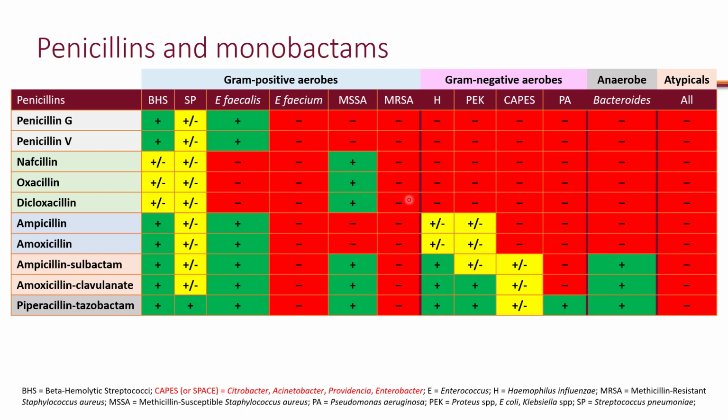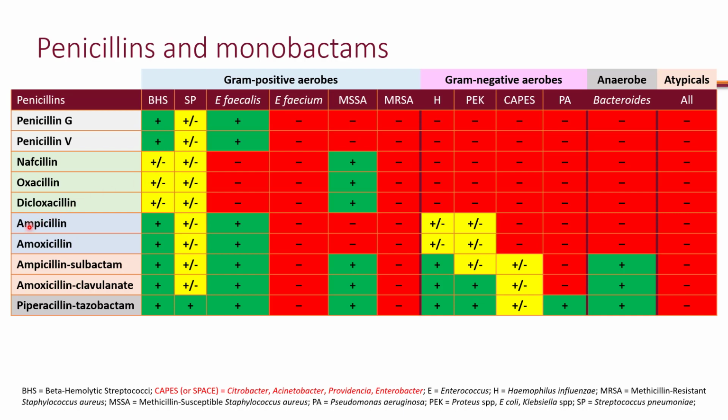However, they are not active against MRSA. In fact, none of the penicillins are active against MRSA. Now, when these became stable against MSSA, it came at the cost of losing some of the activity, including they lost activity against E. faecalis, and they had generally poor activity against beta hemolytic strep and strep pneumo.